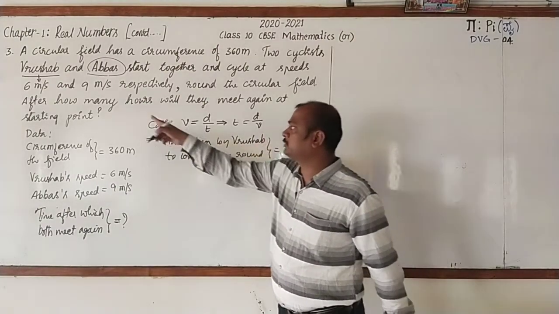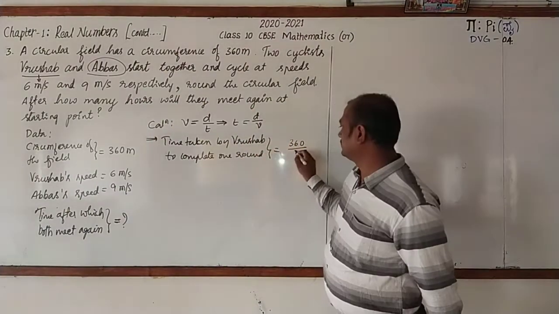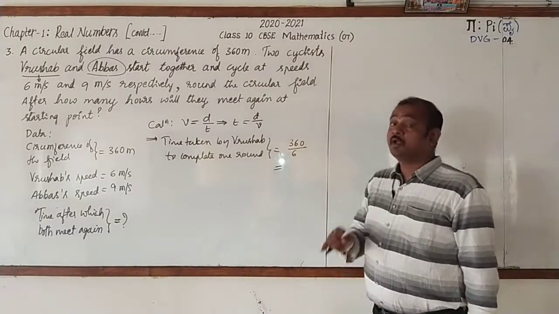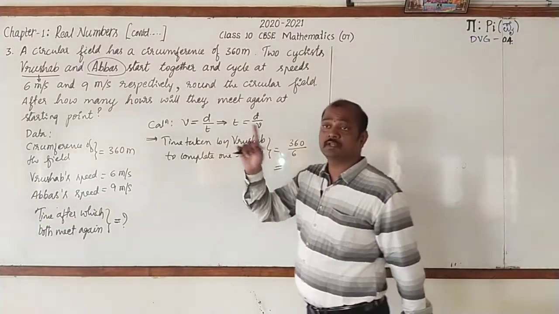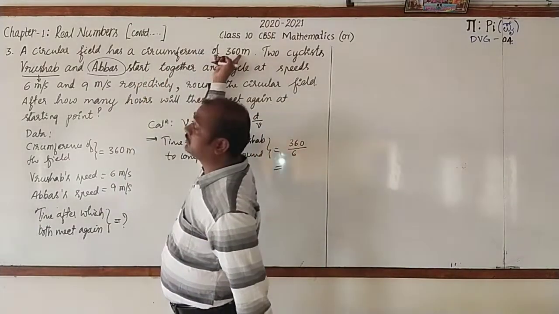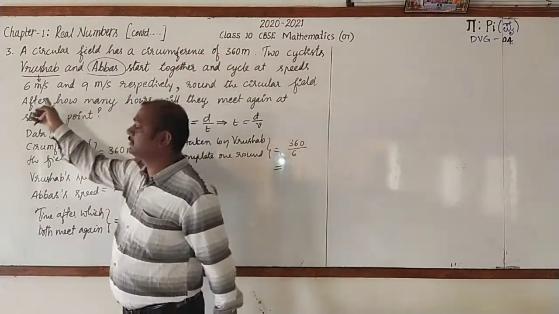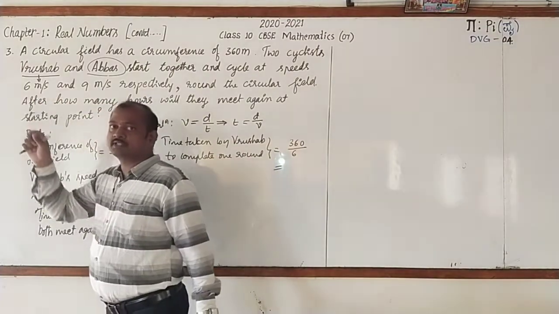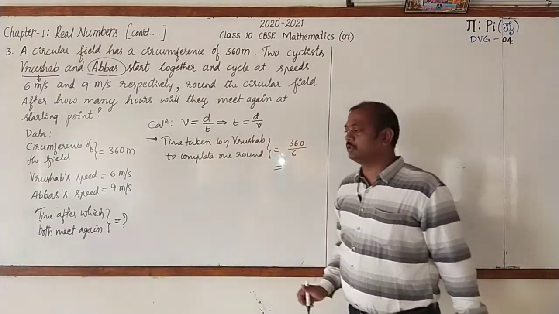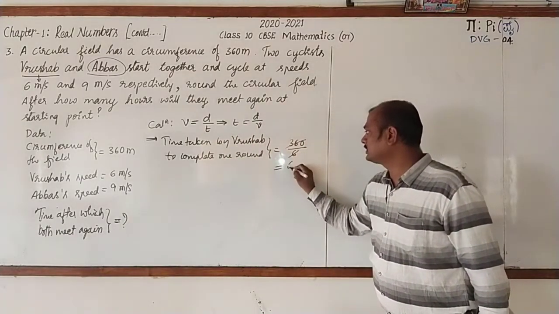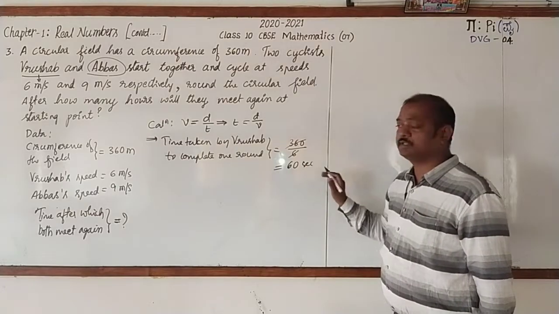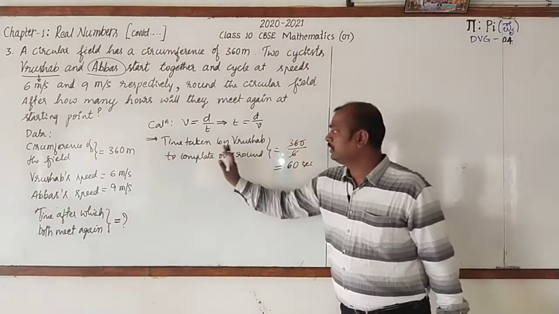And what is the speed with which he is moving? 6. Altogether, it can be written as 360 by 6. When you are calculating, you have to consider the unit also. The distance around the field is 360 meter, and speed is in meter per second. All are in SI units. So, 6 ones are 6, 6 sixes are 36, so it is 60 seconds. This much time will be taken by Rushabh.